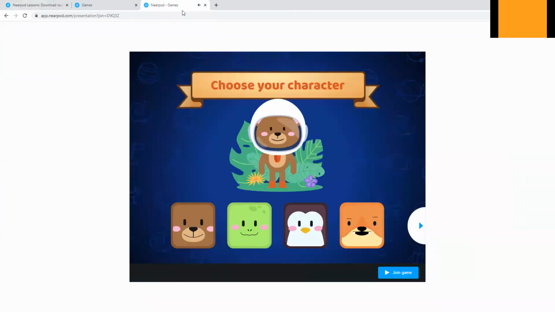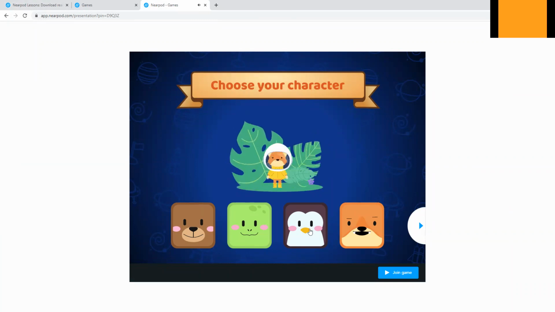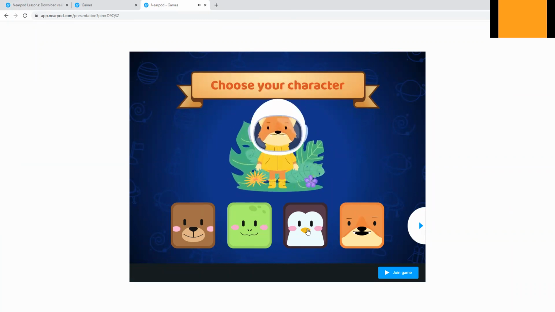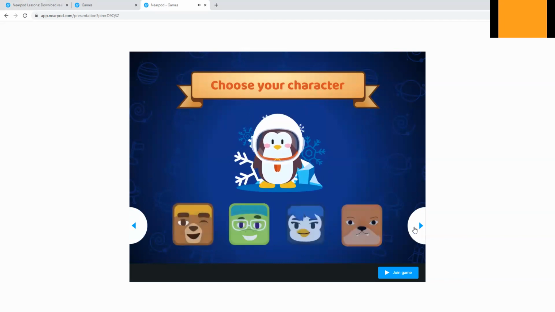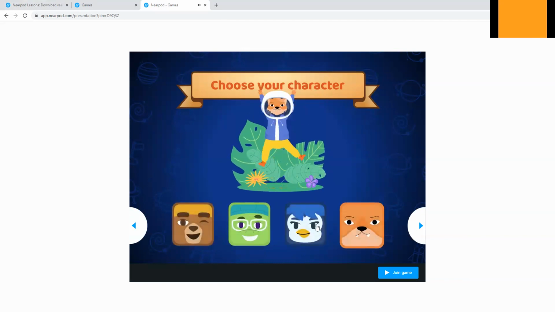And this is the game. Now this is the student screen. They can choose their own avatar. There will be sounds that catch the young learners' attention. Every animal has a different theme and a different music.